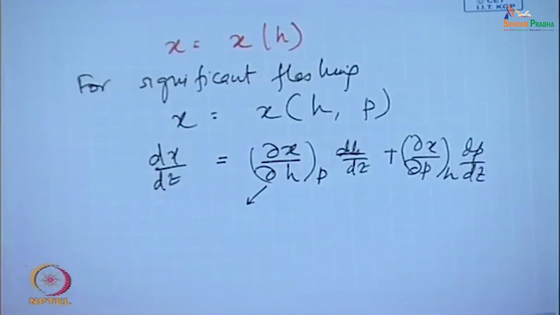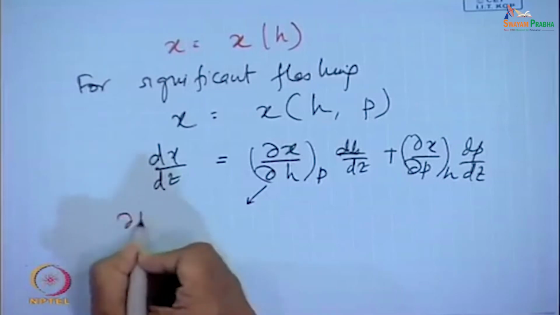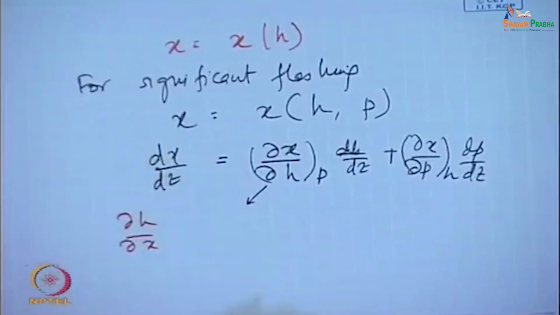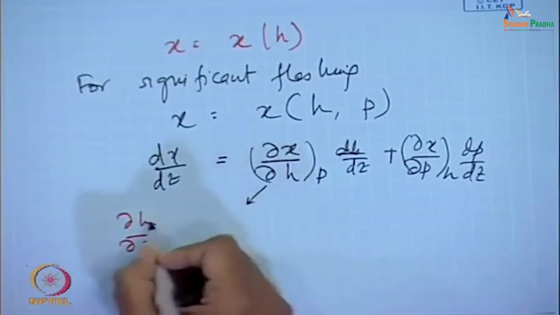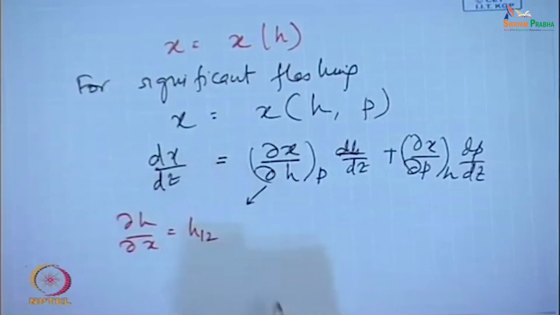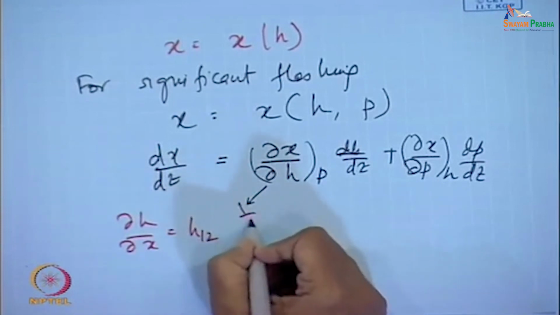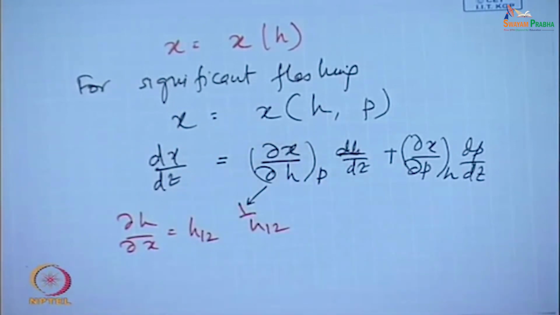Any idea? At constant pressure, how enthalpy changes with quality? Latent heat of vaporization. So, this is nothing but H12, in other words this is equal to 1 by H12. You agree with me?